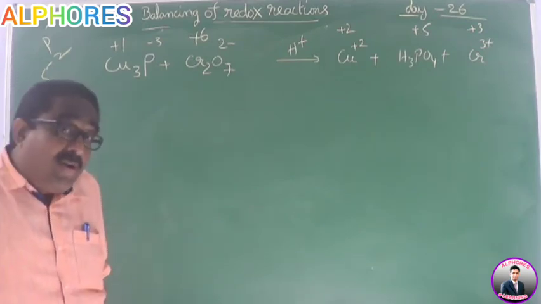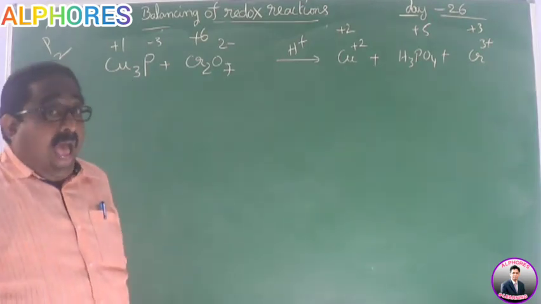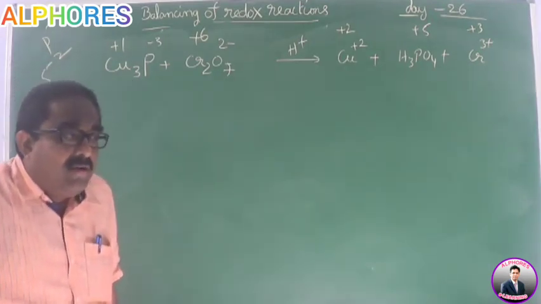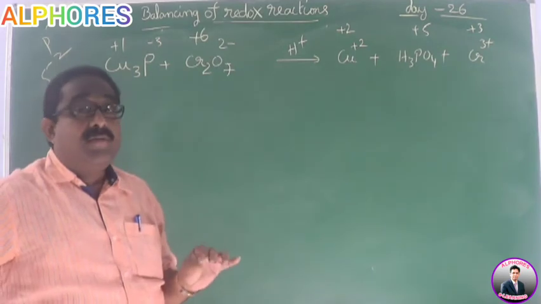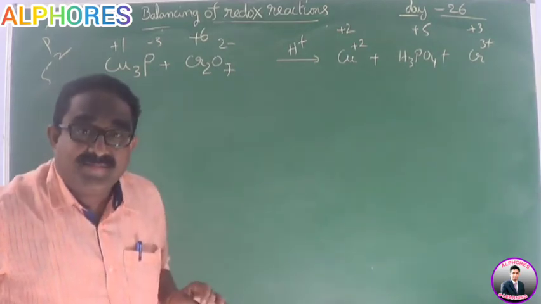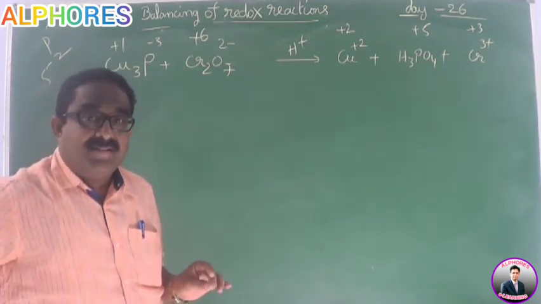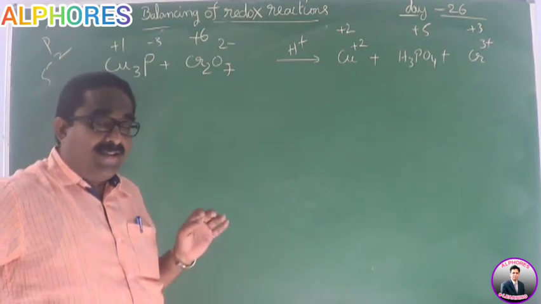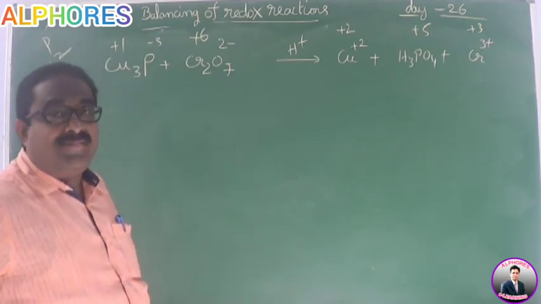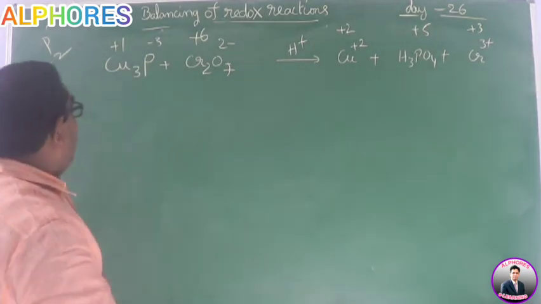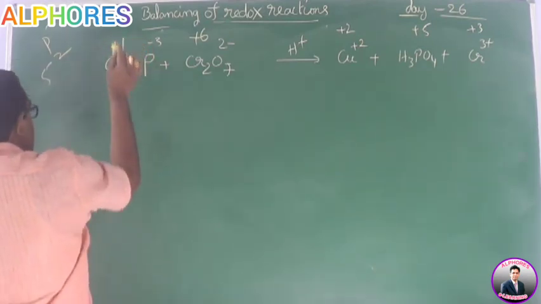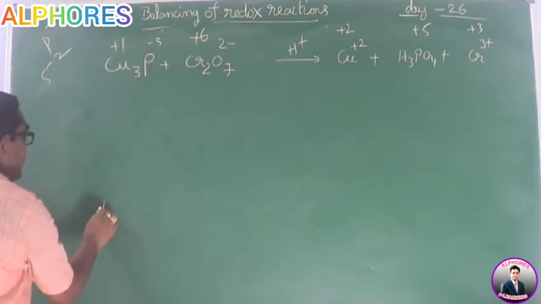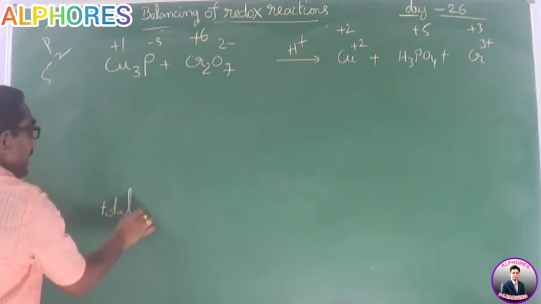Sir, if one element is undergoing oxidation and the other element is undergoing reduction within the compound, you please bring that compound and show me the reaction, I will balance it. There is no chance of getting that. Right. Now, let me calculate the total increase.